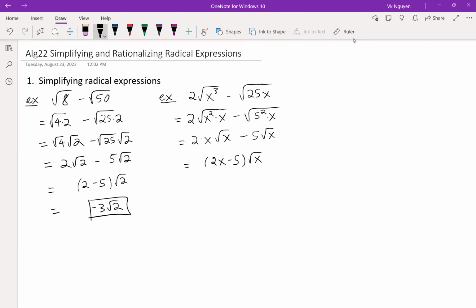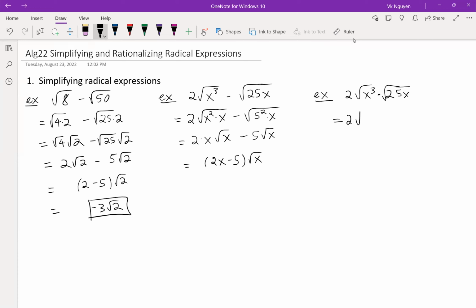Okay. Example. What happens if we multiply them together instead of subtracting them? 2 root x to the 3 multiplied by root 25x. Well, we can multiply the radicals together.